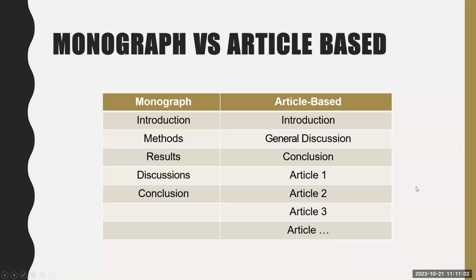What's the difference between monograph and article-based for the PhD students? The monograph is the normal style, where you will have chapters such as introduction, method, result, discussion, and conclusion. Each chapter has a different name. In article-based, it's a little bit different: you will have an introduction, a general discussion of the articles that you are describing, and of course, in this one, you will have 3 articles.